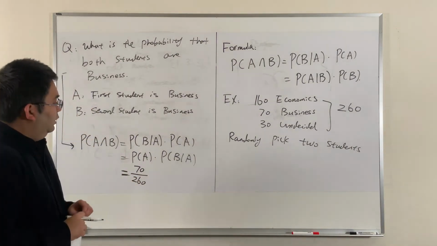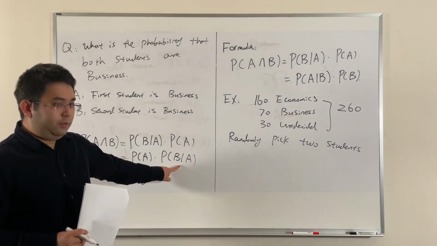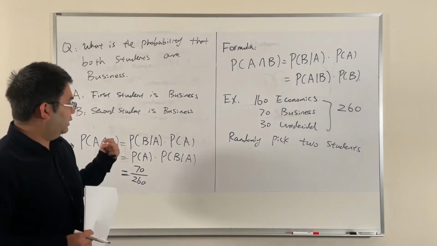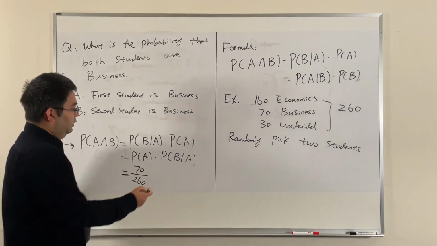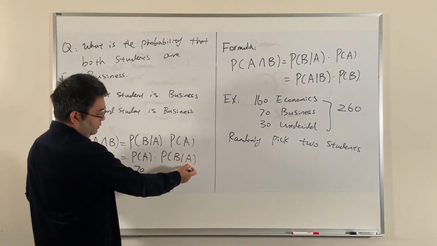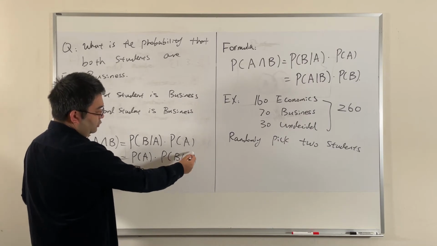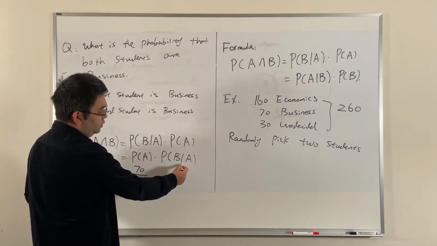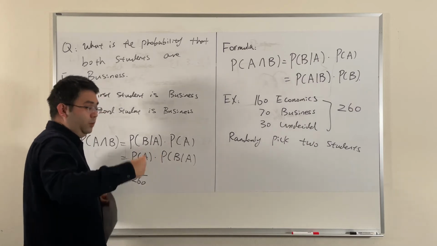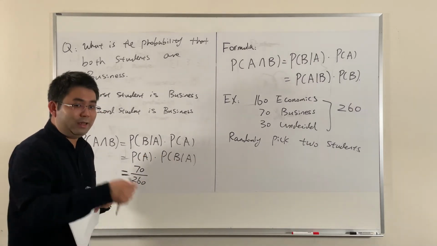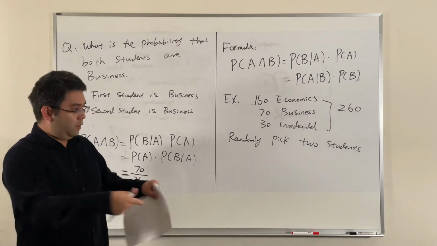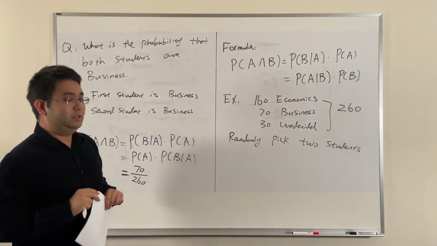Okay. And now we have to think a little bit for this one. So what is the probability conditional on A? In this case, A is the first student is business. And then we're conditional on A. That means A already happened. So if A already happened, that means you already picked out one student from the 260 total.